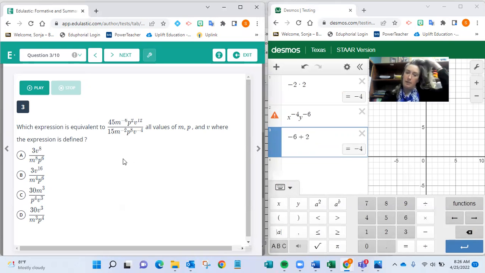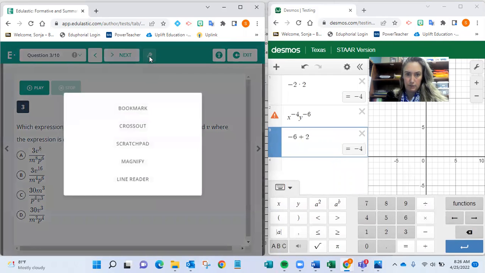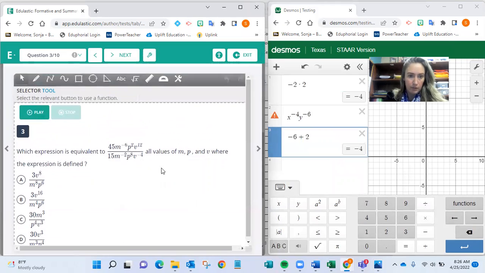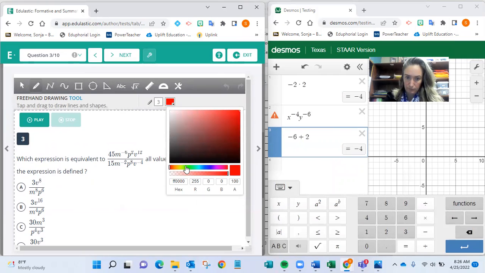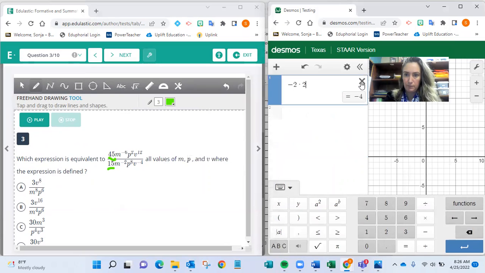All right, this is probably the most tricky one, so I'll show this to you and that will be the end. So first I want to grab my tools. Okay, so first maybe I could take care of my just regular division, which would just be 45 divided by 15, which is 3.